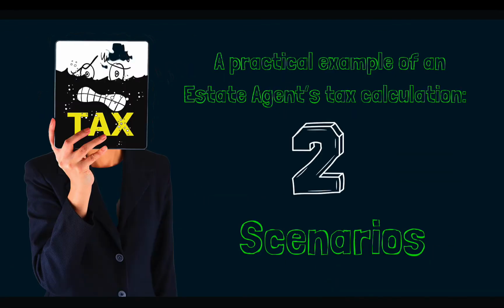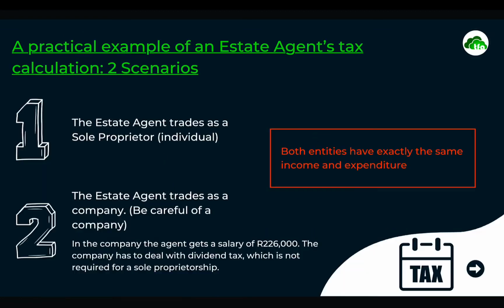Now we are going to do a practical example of an estate agent's tax calculation using two possible scenarios. In the two scenarios, both entities have exactly the same income and expenditure. In the first scenario, the estate agent trades as a sole proprietor or individual. In the second scenario, the estate agent trades as a company.